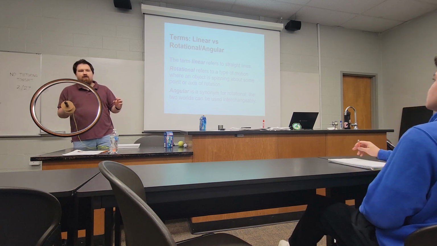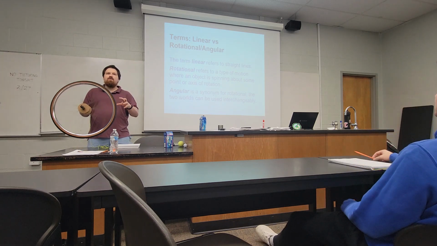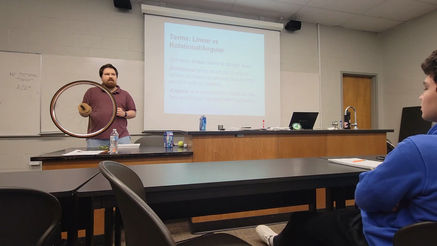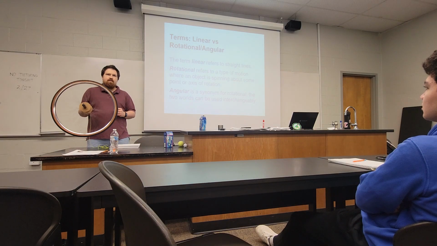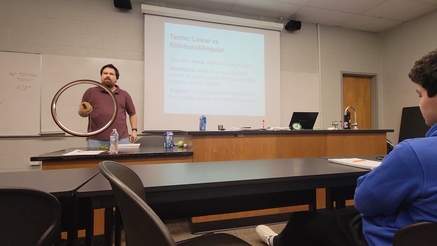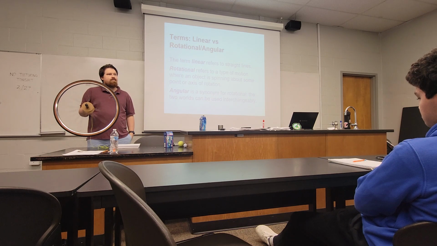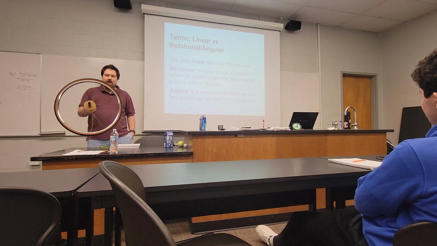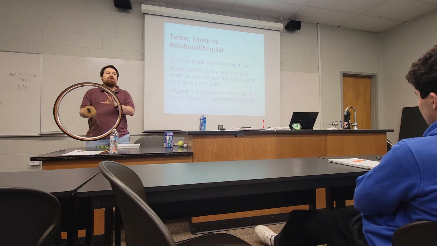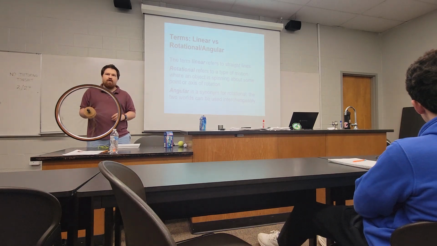How you would measure the amount that it is moving rotationally, how would you think to do that? How would you describe the magnitude, the amount of rotational motion that this wheel would undergo?